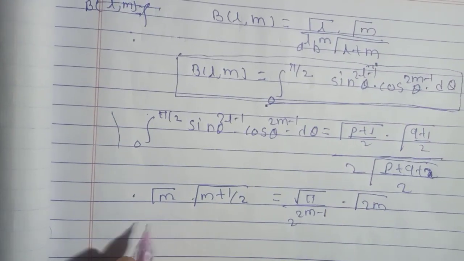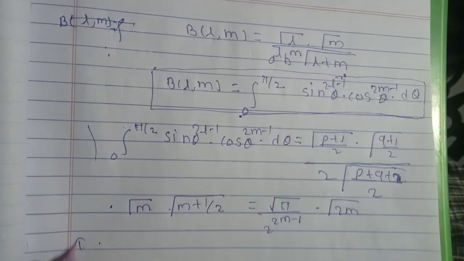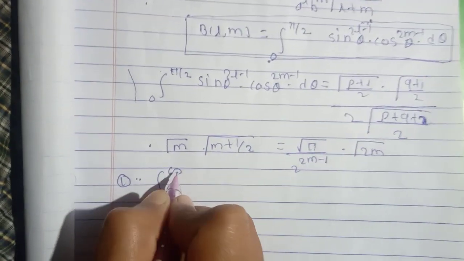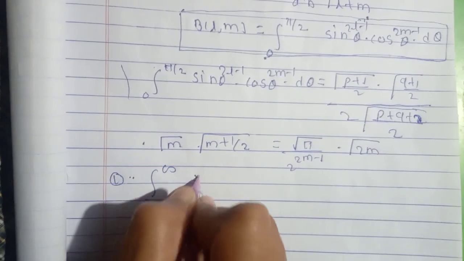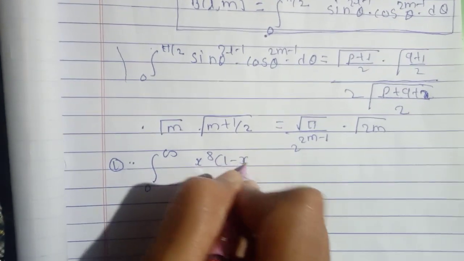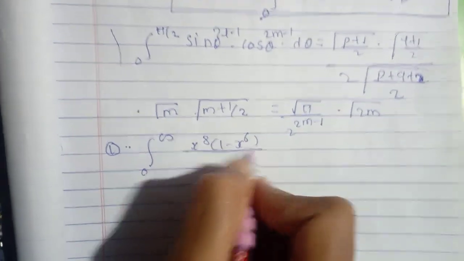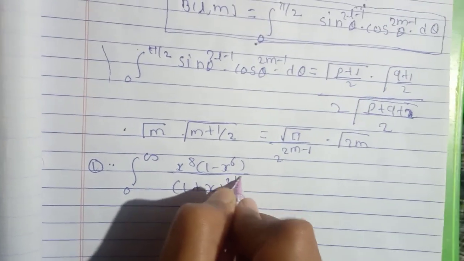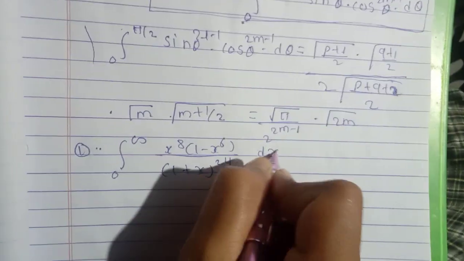Then we have to give some examples. First example is integration 0 to infinity x raised to 8 into 1 minus x raised to 6 divided by 1 plus x raised to 24 into dx.